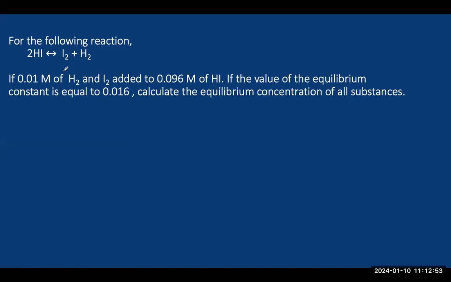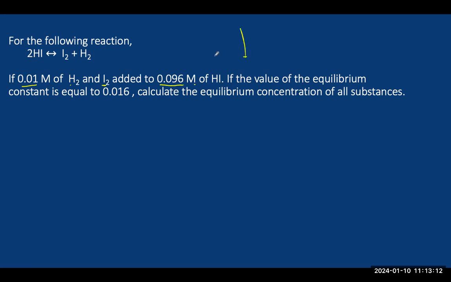For this one, you have a chemical reaction: 2HI gives H2 plus I2. If we start by putting 0.01 molar of H2 and I2, so for both concentrations we use 0.01, and we add to this 0.096 molar of HI.